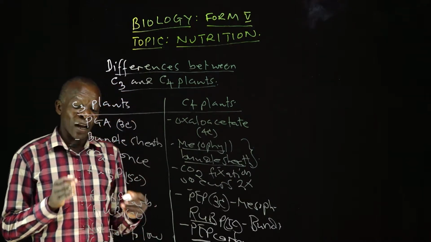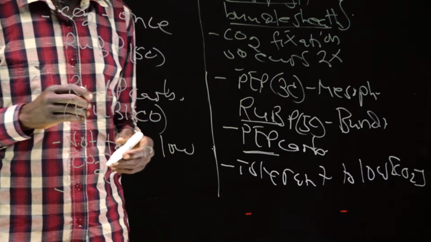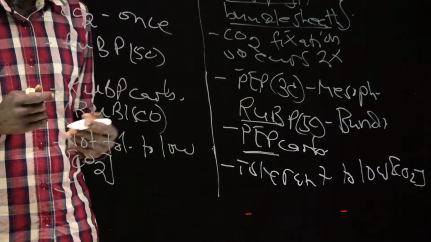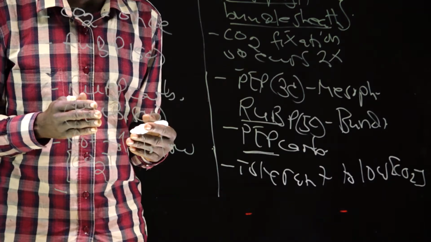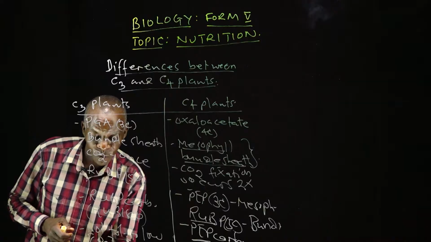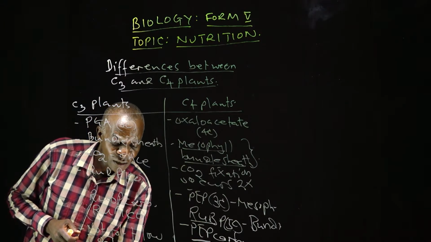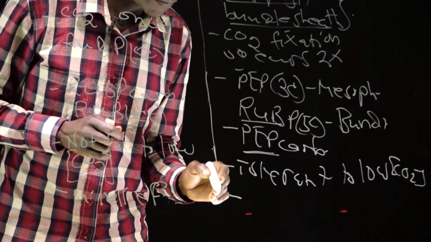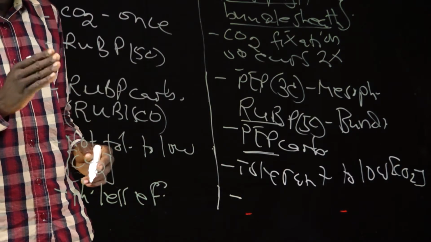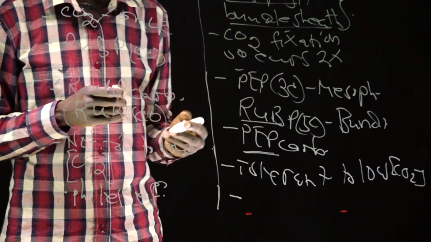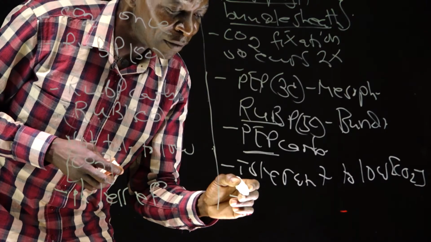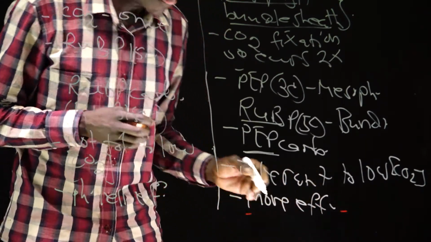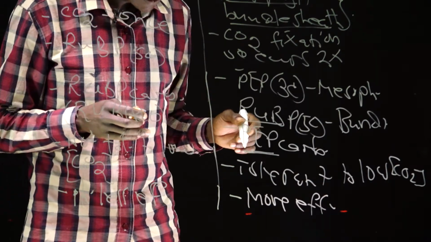And because of that, in the C3 plants, photosynthesis is less efficient, and therefore the yield is low. In the C4 plants, photosynthesis is much more efficient, and therefore the photosynthetic products are high.